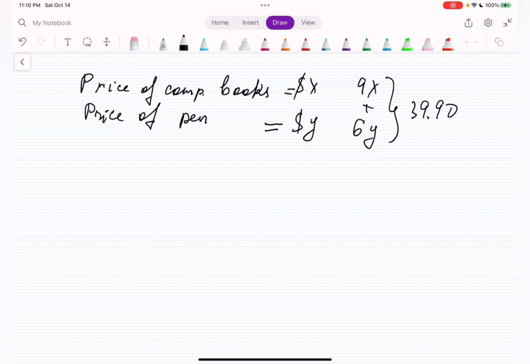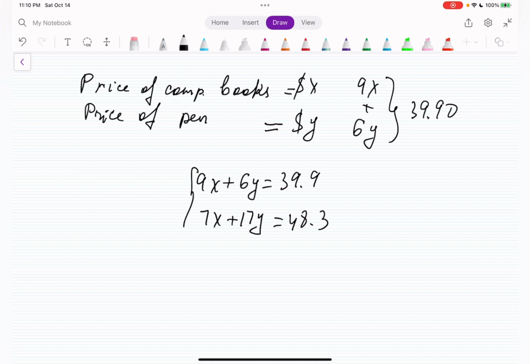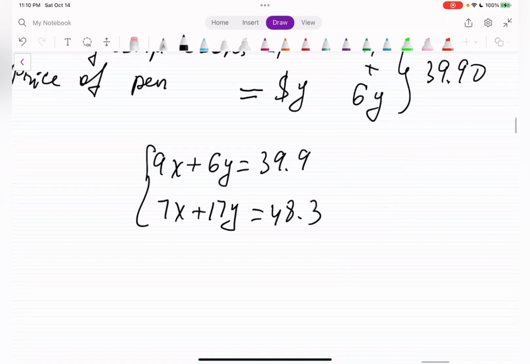Okay, so here we can see the first equation: 9X plus 6Y is equal to $39.90. Also 7 composition books, meaning 7X, and 17 pens, 17Y, will cost $48.30. We need to find the cost of each one, which means we need to find X and Y.